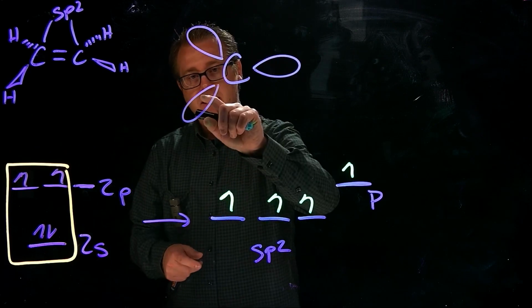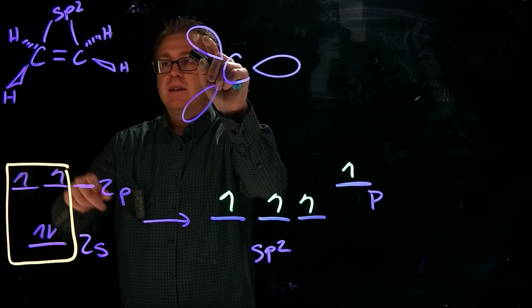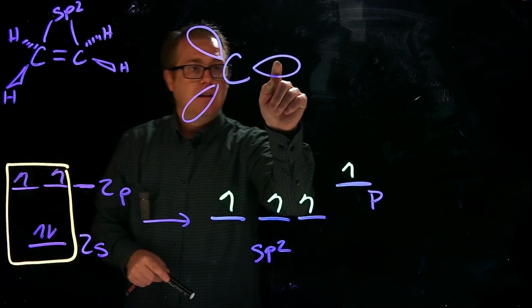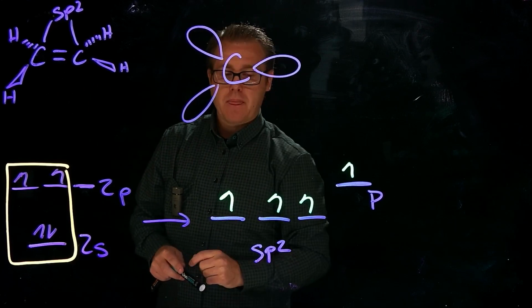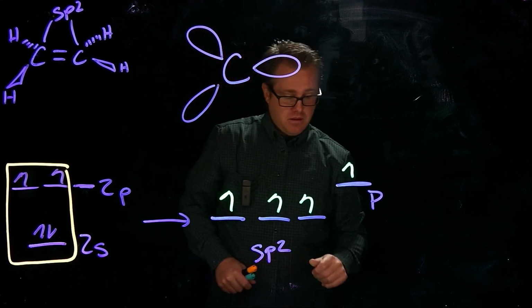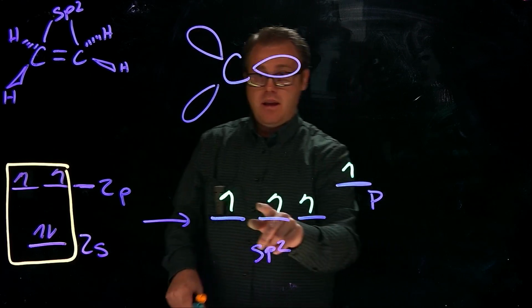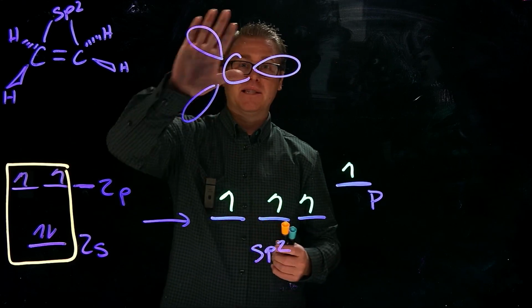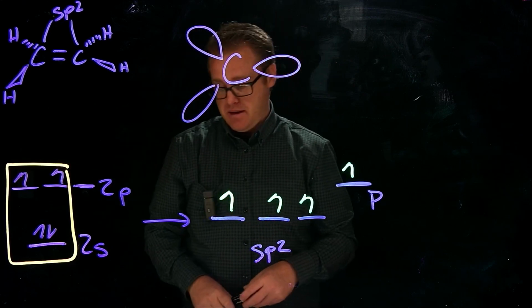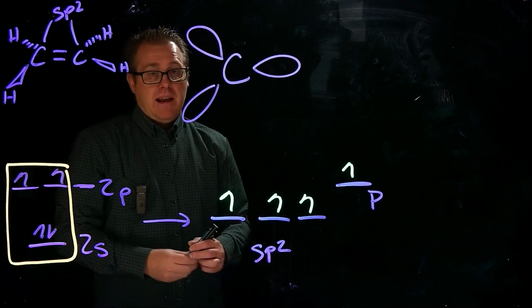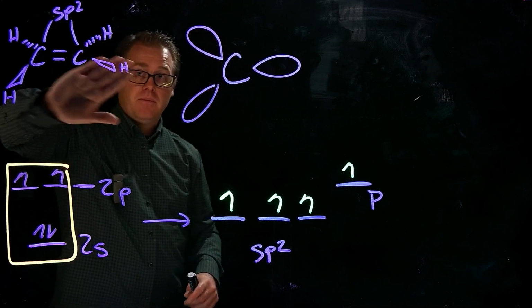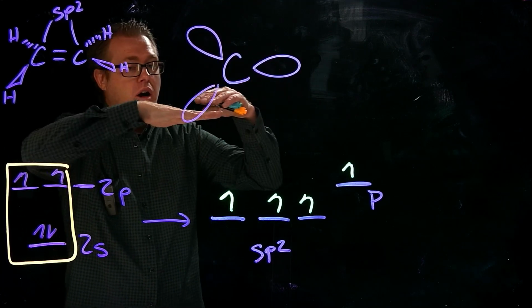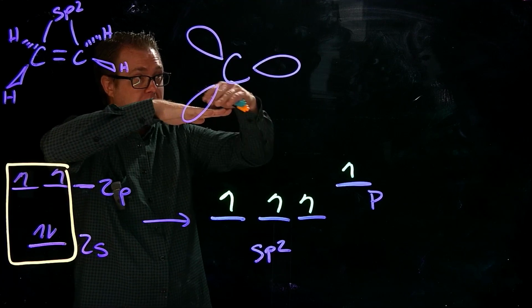So I'm trying to represent this orbital as the wedge, this one as the dash, and then this bond right there. All right? And so those are the sp2 hybridized orbitals. They're all in the same plane. But now, the way I'm looking at this molecule, it looks like this. Okay? So these orbitals right here are all in the same plane, so in the same plane of my hand.